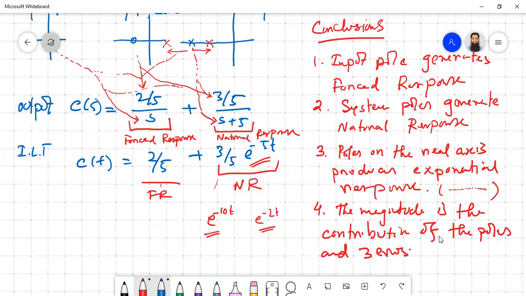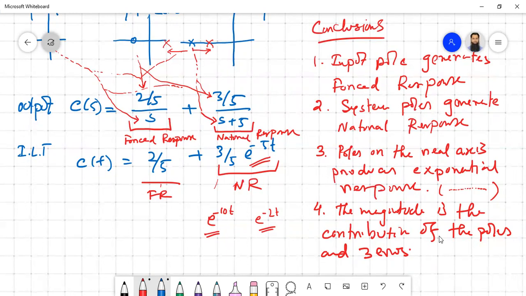So the zero contributes to the magnitude, but the behavior, how the response is behaving, is contributed by the poles of the system. You have to be careful about this every time we deal with it. The poles are the contributing factor in the nature of the behavior, but zeros, in collaboration with the poles, contribute to the magnitude of the response.